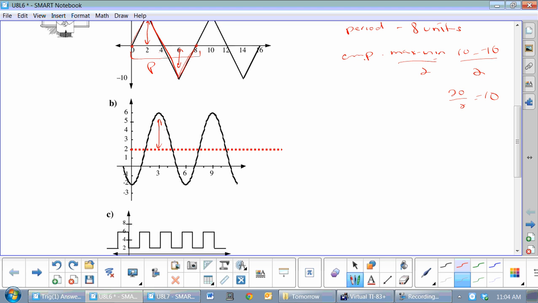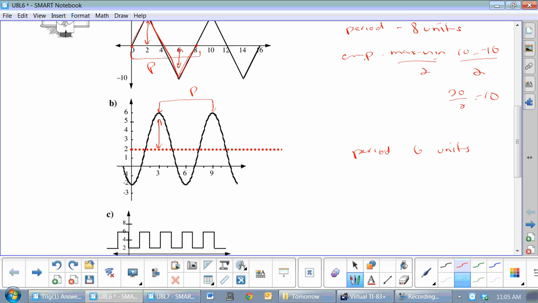Now, by looking at this, a good way to find your period, I find, is from peak to peak. So that would be 9 minus 3, right? So our period would be 6 units.